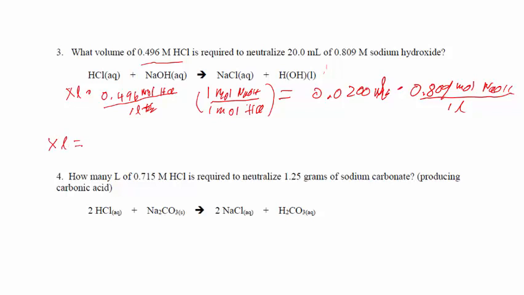X liters equals 0.0200 liter times 0.809 mole per liter NaOH times 1 mole HCl per 1 mole OH.